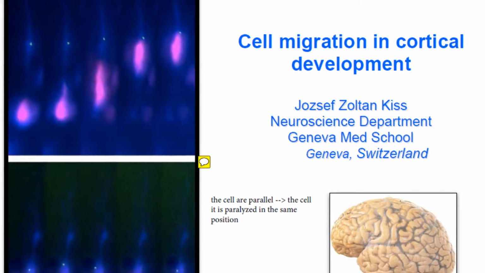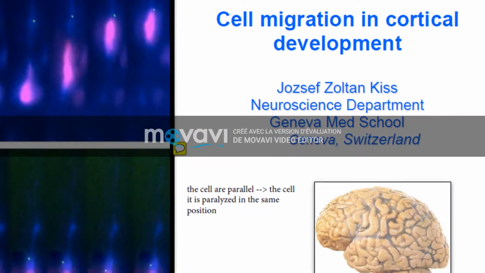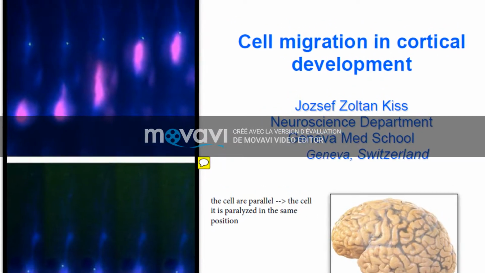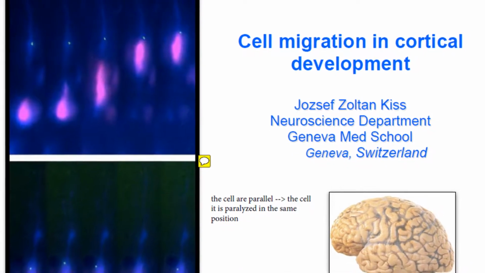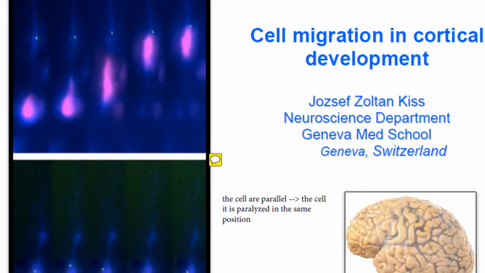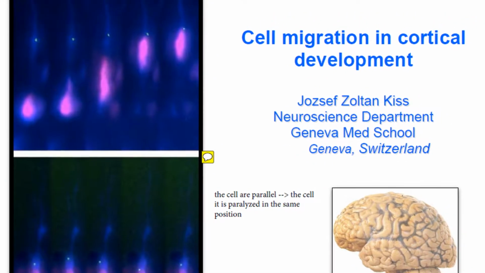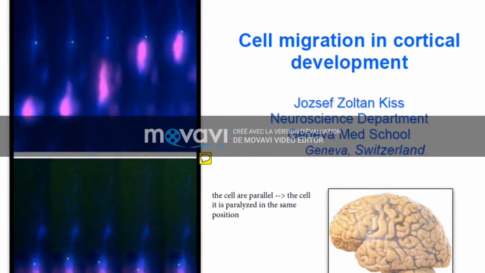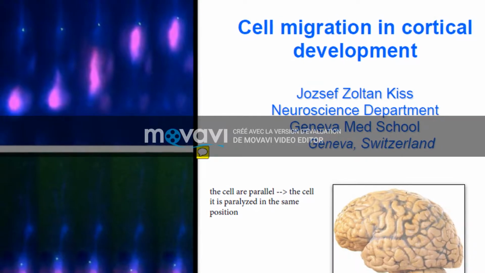I just want to show that specification is time dependent. For example, once you made layer 6, you cannot make layer 6 again. The next is layer 5, etc. So the timing is absolutely important in everything during development. The birth rate of neurons determines the laminar specification of the cortex. You cannot make layer 6 cells one month later.